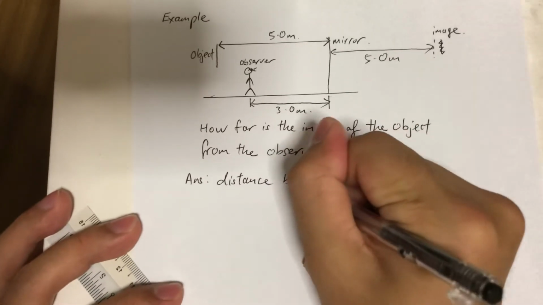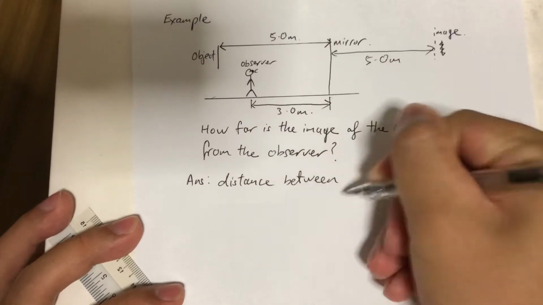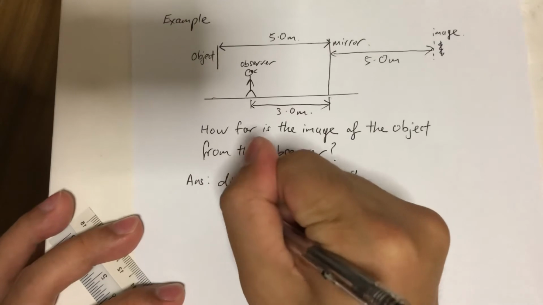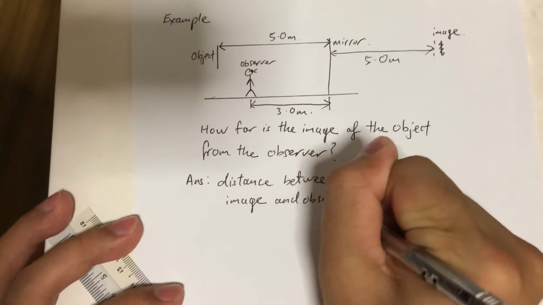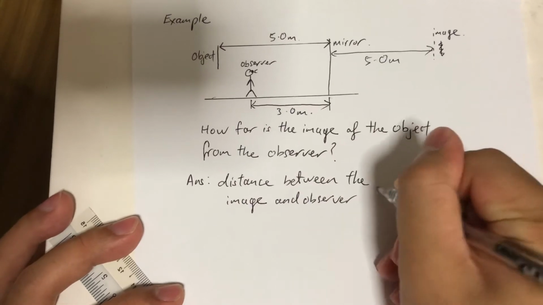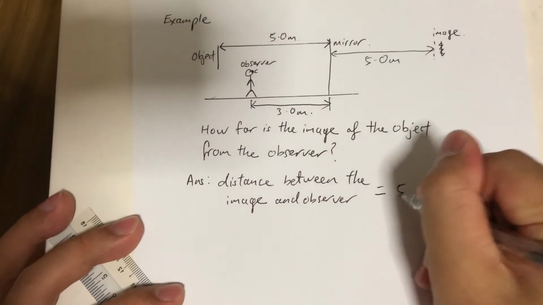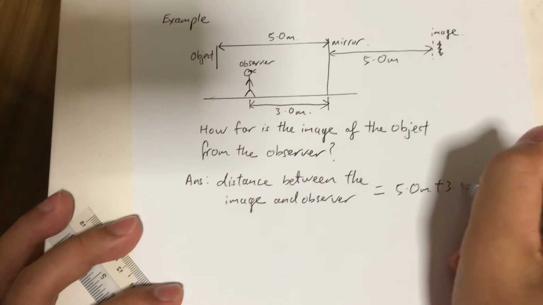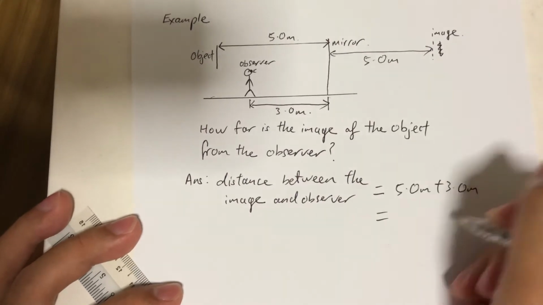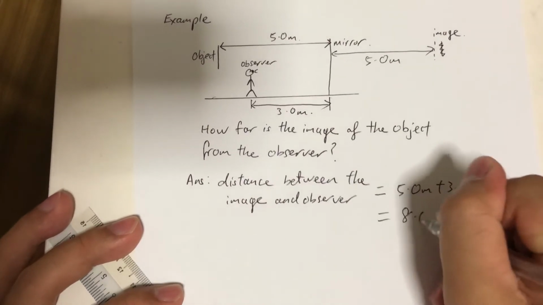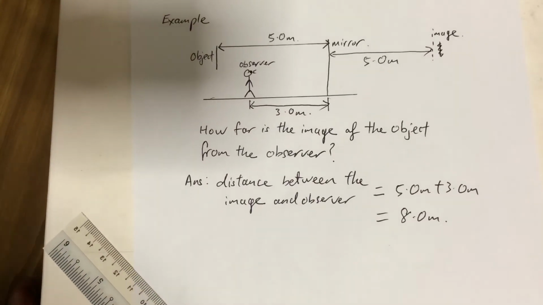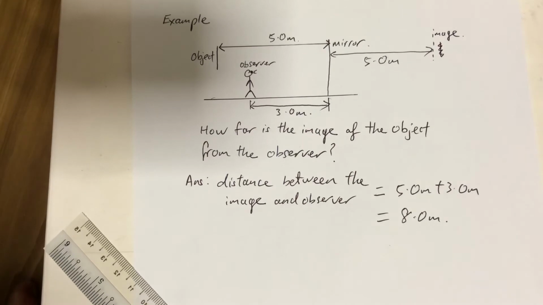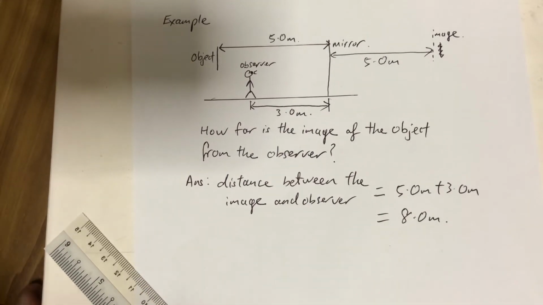Distance between the image and observer equals 5 meters plus 3 meters, which is 8 meters. So now the observer actually sees the image 8 meters away from himself or herself.